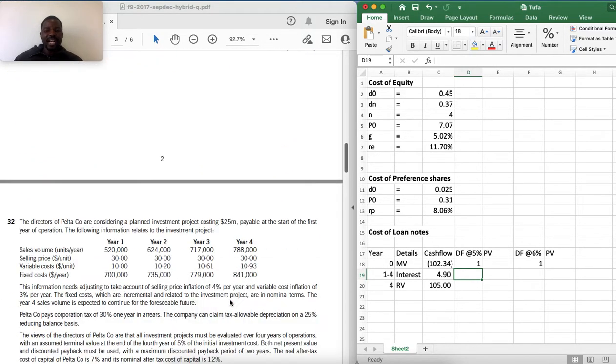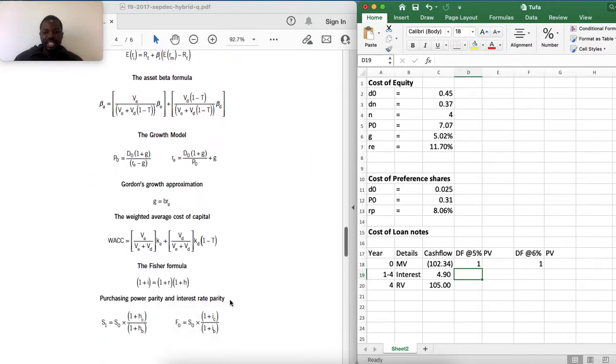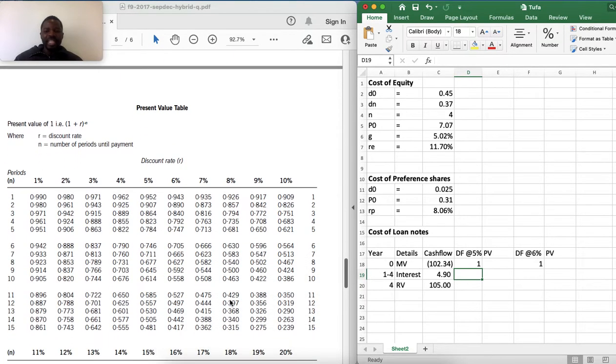So we have to discount interest for year 1, interest for year 2, interest for year 3, interest for year 4. Here I will only demonstrate it once, but you can use the present values or the annuity tables, but mostly the annuity tables are commonly used. So I'll only demonstrate why the annuity tables are used instead of the present value tables.